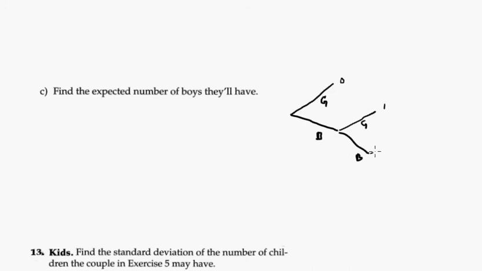And then here we have to go again. We get a girl. So now we have 2 boys. And then if we go this route, we get 3 boys. So our outcomes, we'll say y equals the number of boys.